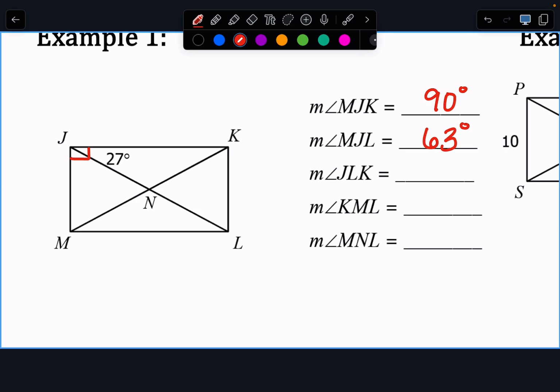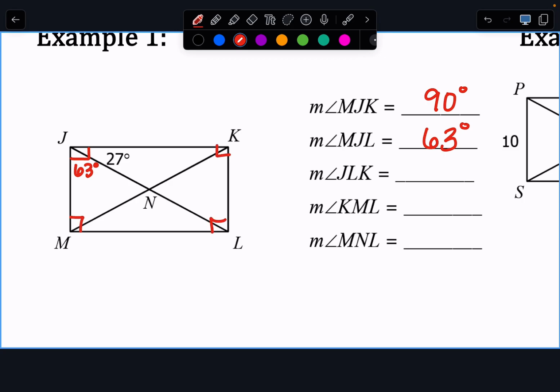Okay. JLK. Oh. Okay, so this is 63. There's a couple different ways you can think of finding that angle.